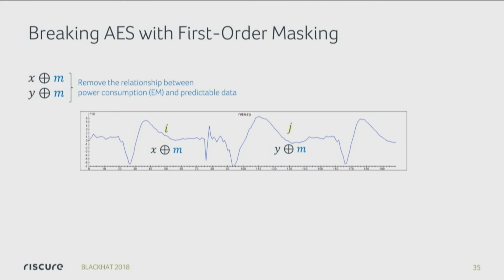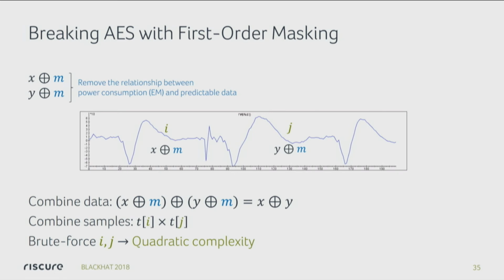Now there are attacks on this, which are called second order attacks, and they basically rely on the idea that if you have 2 points in time that are masked, you cannot really predict what the masked value is going to be, but you can predict the unmasked values. Now what you can actually do, if that mask is being used for both values, is take X XOR M, and XOR that with Y XOR M, and it basically is the same as X XOR Y.